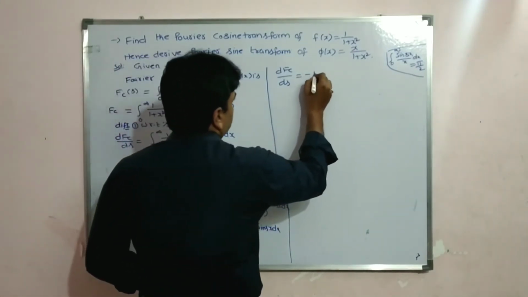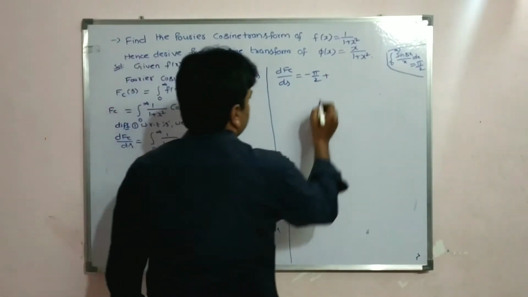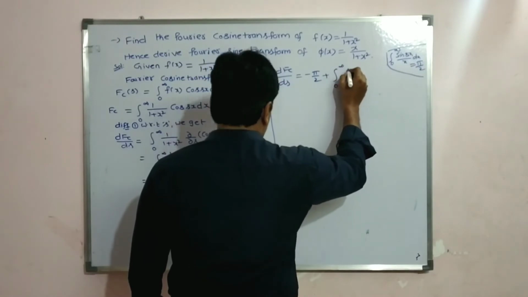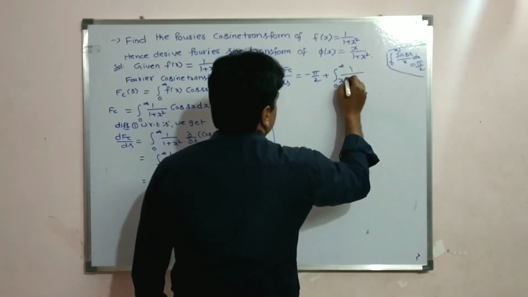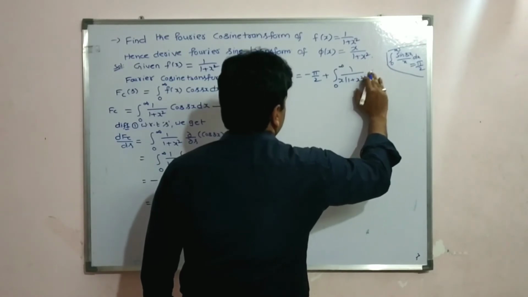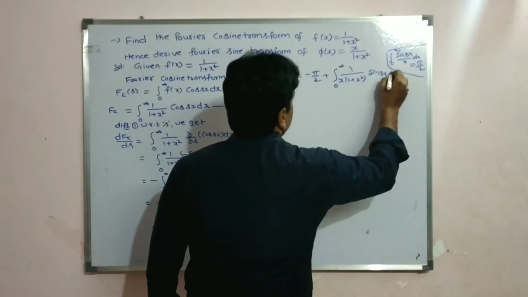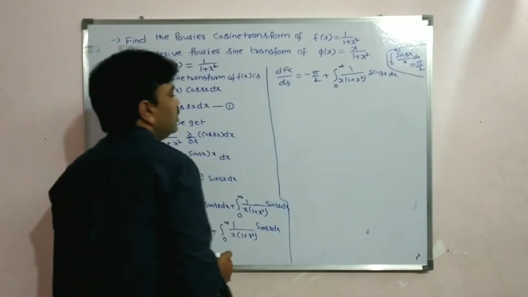plus the same integral 0 to infinity 1 by x into 1 plus x square sin sx dx.